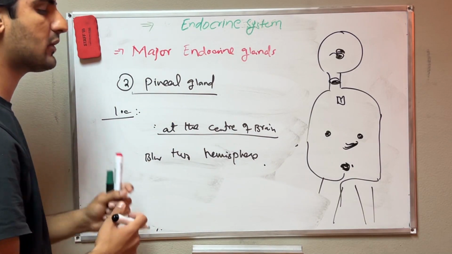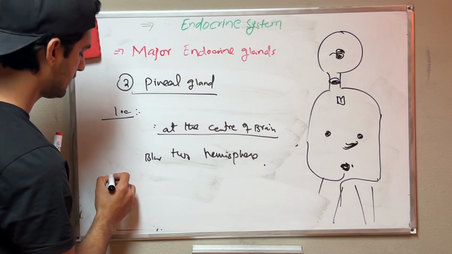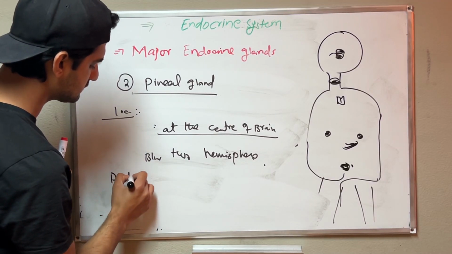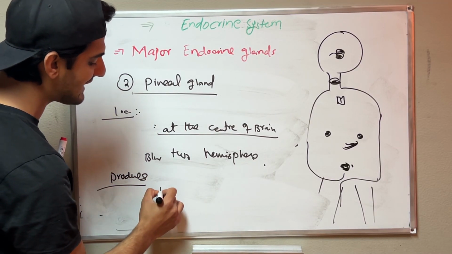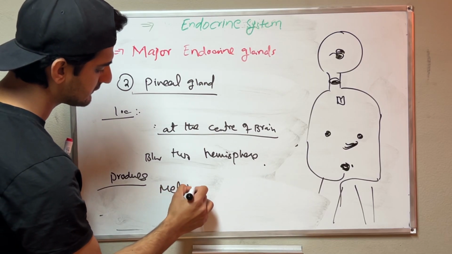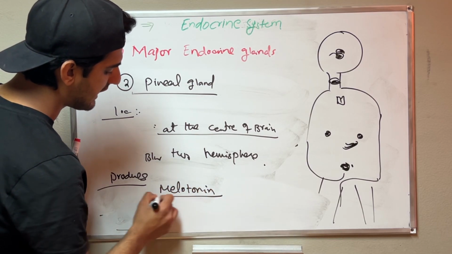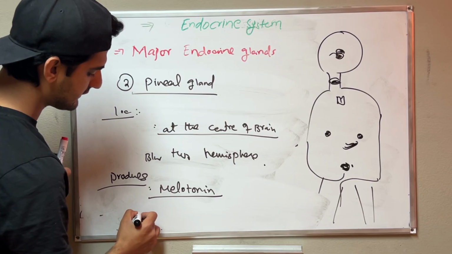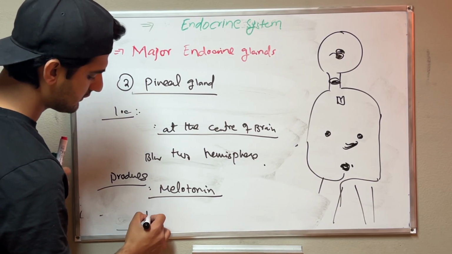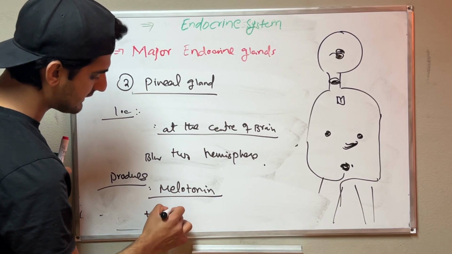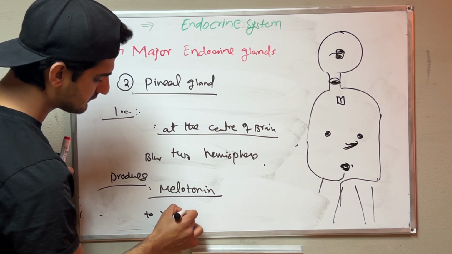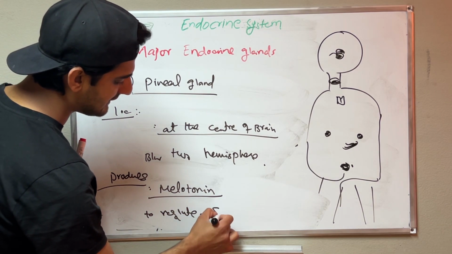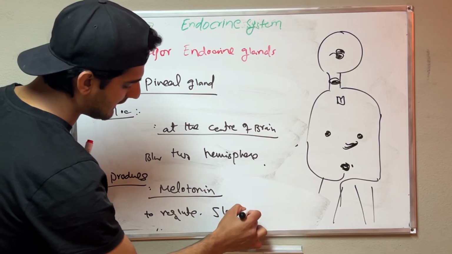Now we will talk about which hormone it produces: melatonin. And melatonin's function is to regulate the sleep and wake cycle.